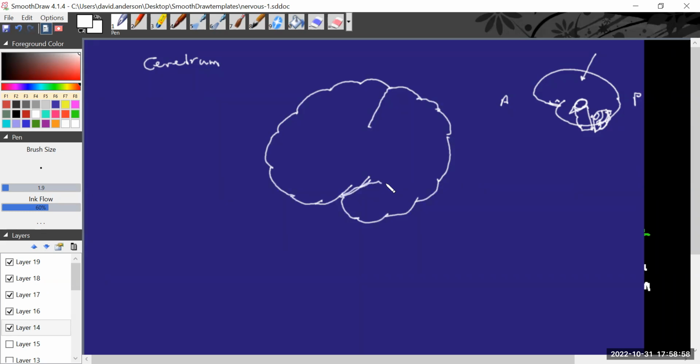Okay, so this is our left cerebral hemisphere, and we can see that it's got raised and indented regions that we talked about when we talked about the layers. The pia mater would be right against it, and then we had our arachnoid mater. I can't remember what colors we used. Oh, I think we used green, didn't we?